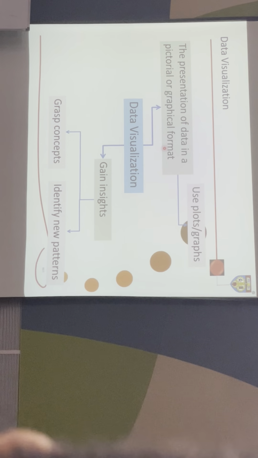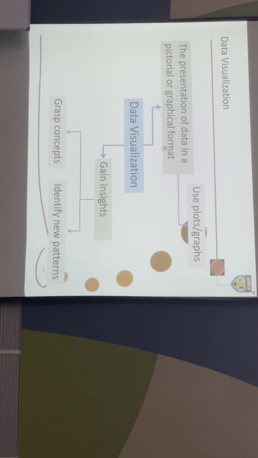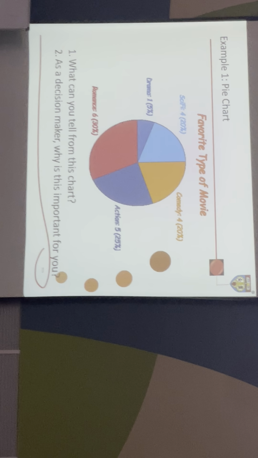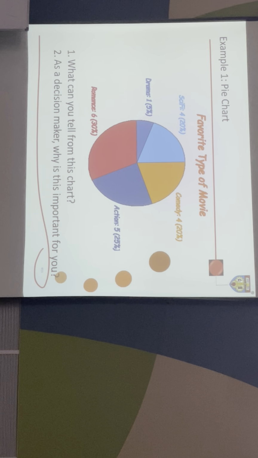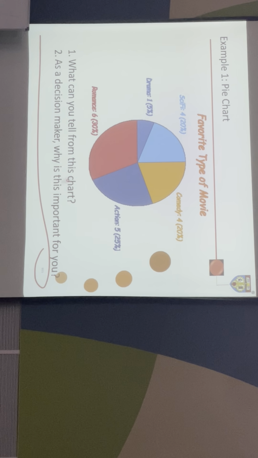Okay, and then for graphical data visualization, this is the purpose of visualizing your data. Let's say you want to use a pie chart. What can you interpret from this pie chart?